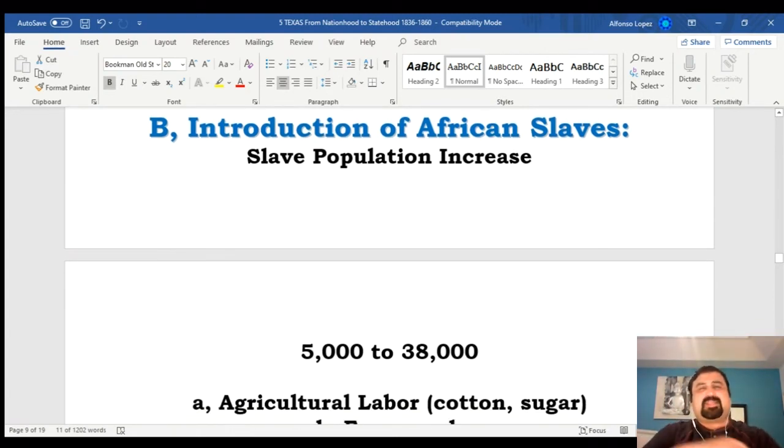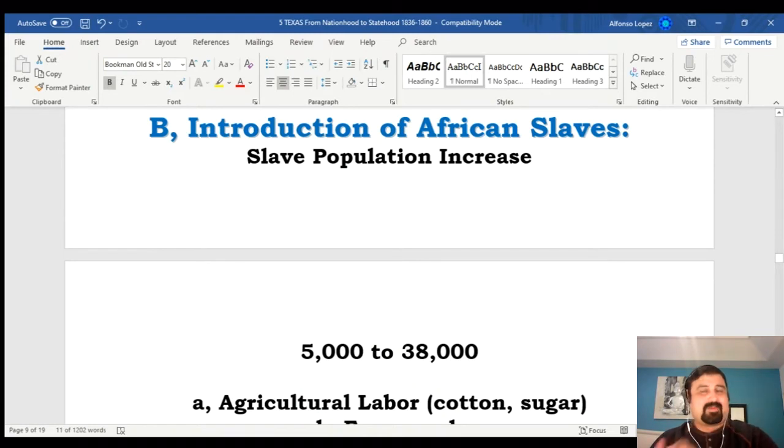So what we see here is that African slaves are brought by southern planters of the United States in order to serve the purpose of growing the cotton. Primarily this is a cotton agriculture that is dominant in the plantations.